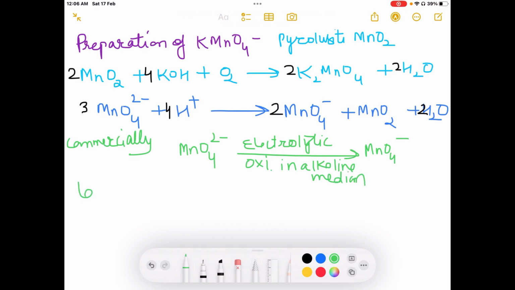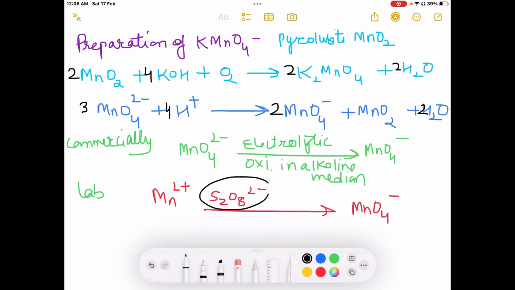And in a lab, Mn2 plus changes into MnO4 minus in the presence of S2O8 2 minus, which is known as peroxodisulfate.